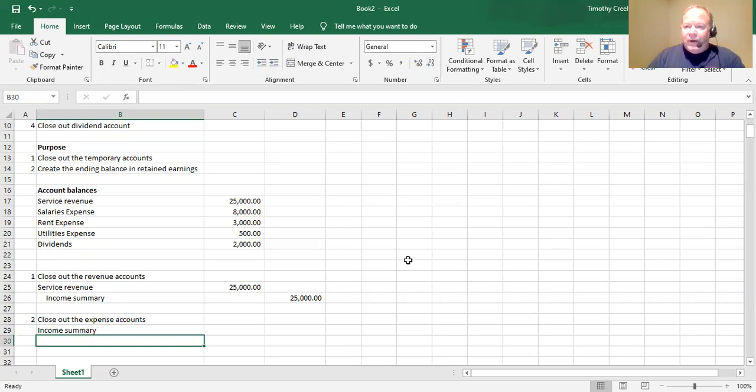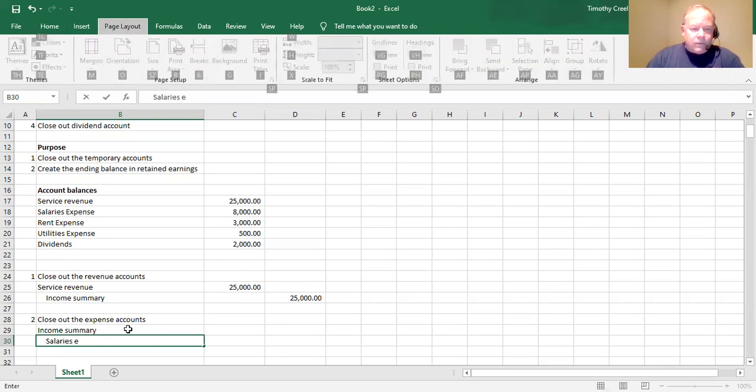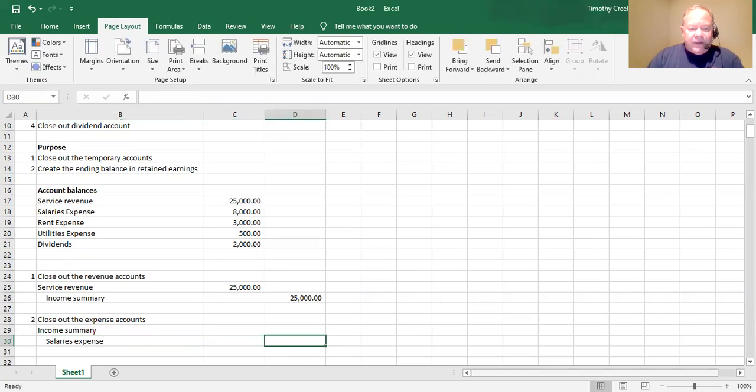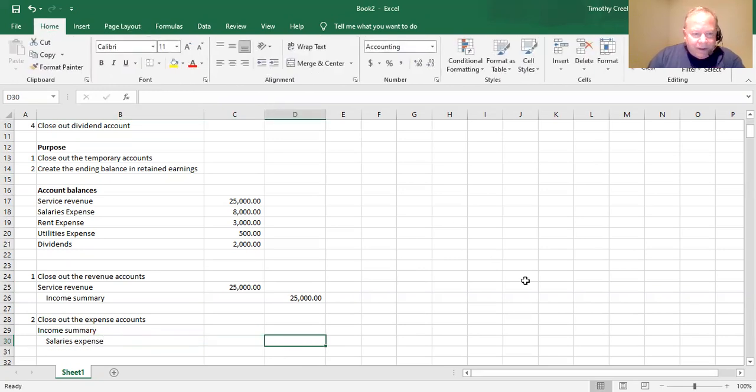And we'll come back and add the total once we've credited all the expense accounts. So we have salaries expense, and that would be a credit of $8,000.